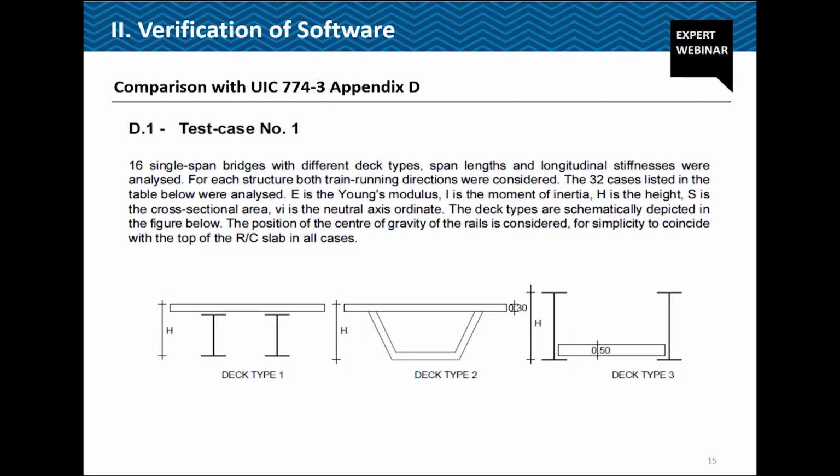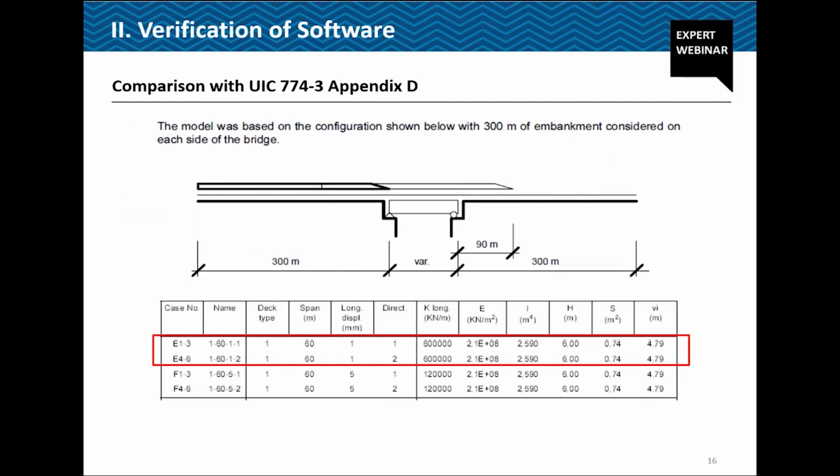Based on this, we can select one of the models and demonstrate this kind of structure using MIDAS. We have done this verification by selecting these two models, a 60-meter span length, loaded in one direction, with this kind of stiffness and the E value and I value of this girder.